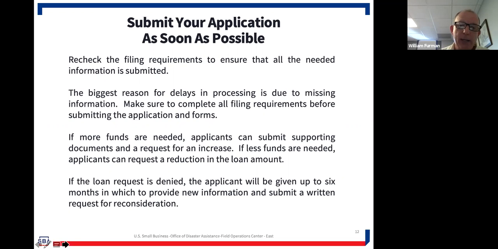Again, if you are in EIDL, if you got your application in, it is being processed first come, first serve. If you had to go back in to update your application to request the $10,000 advance, I have been assured that you did not lose your place in line. So if you applied early and had to come back in, you still should have a spot up at the front where you were. You didn't get kicked out of line for that.